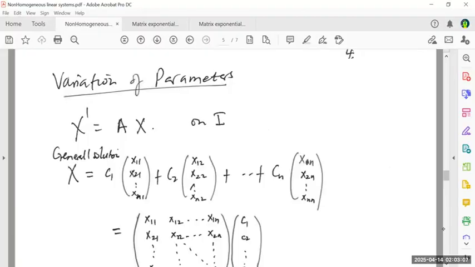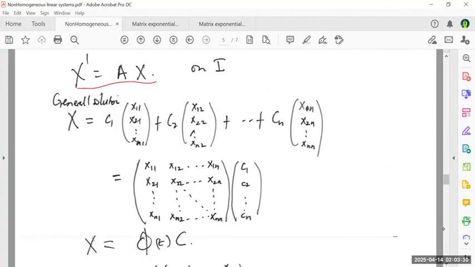What we need to know is we have to find the solution of the homogeneous system, the homogeneous linear system. And we are still trying to solve the non-homogeneous system.